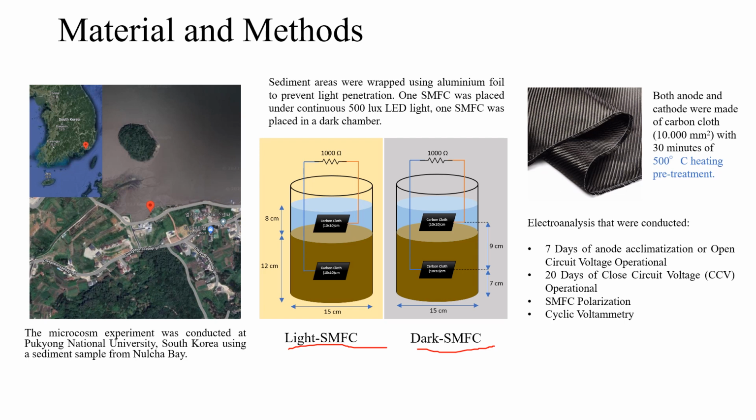Both anode and cathode were made of carbon cloth with an area of 10,000 square millimeters, with 30 minutes of 500 degrees Celsius heating pre-treatment. The electroanalysis that was conducted was 7 days of anode acclimatization or open circuit voltage operation, 20 days of closed circuit voltage, SMFC polarization, and cyclic voltammetry.